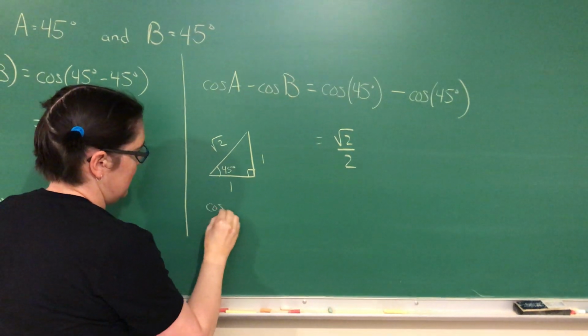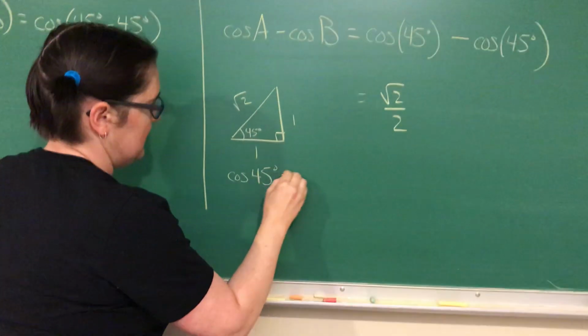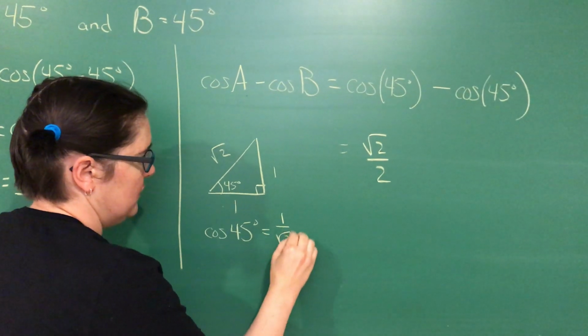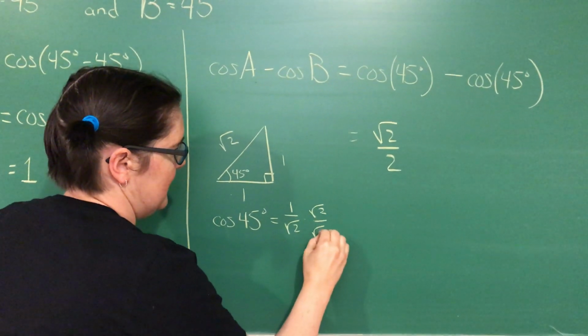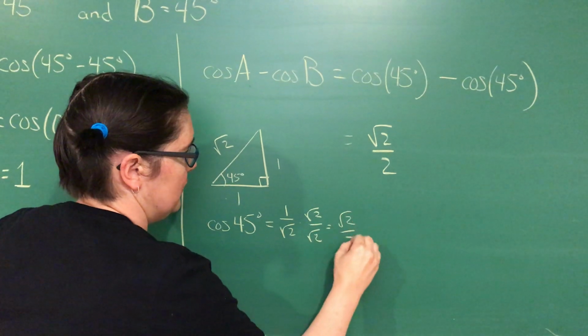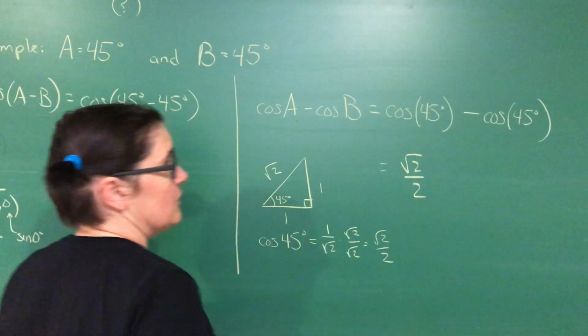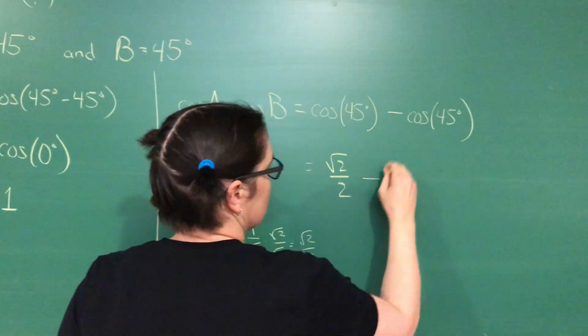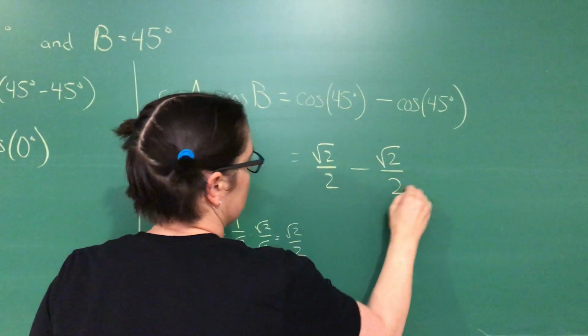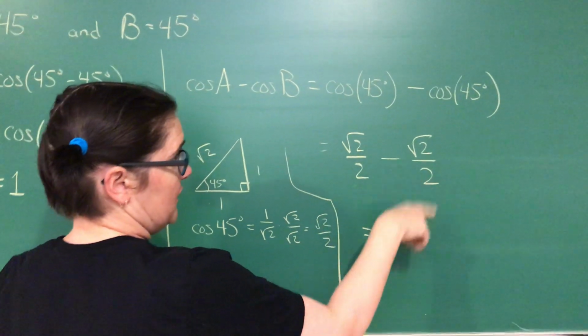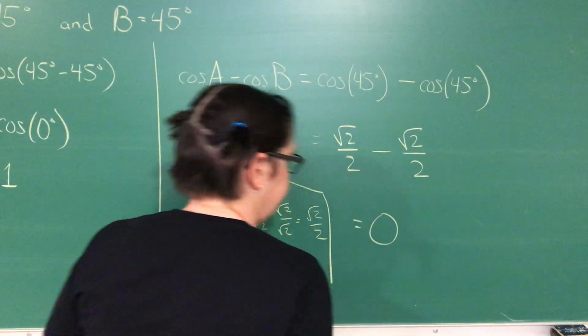Our cosine of 45 degrees is adjacent over hypotenuse, 1 over root 2, and then I rationalize, and I get root 2 over 2. So cosine of 45 degrees is root 2 over 2, minus cosine of 45 degrees, which is also root 2 over 2. And root 2 over 2 minus root 2 over 2 is 0.